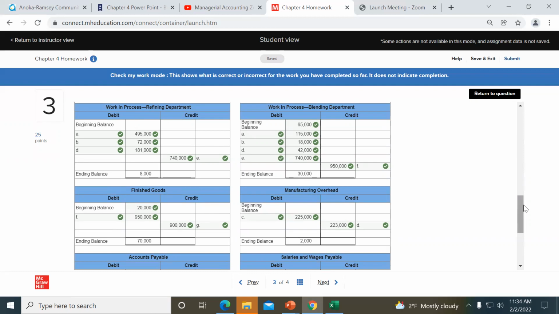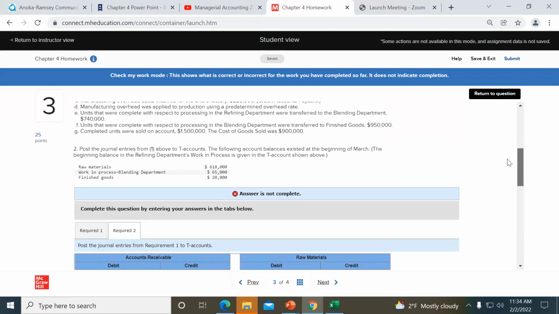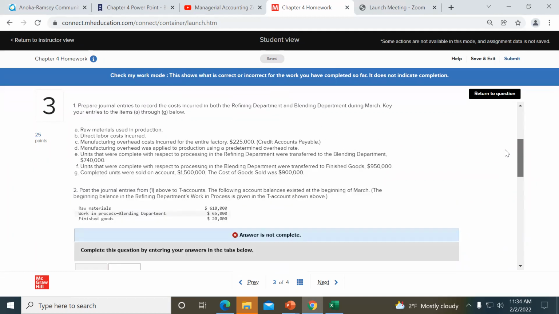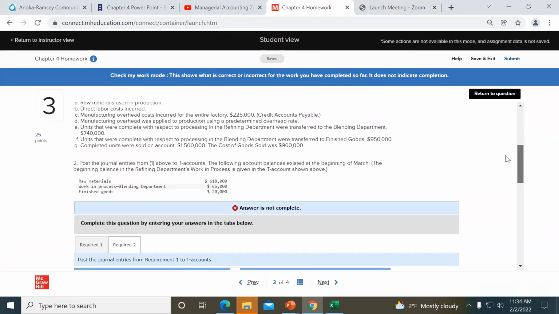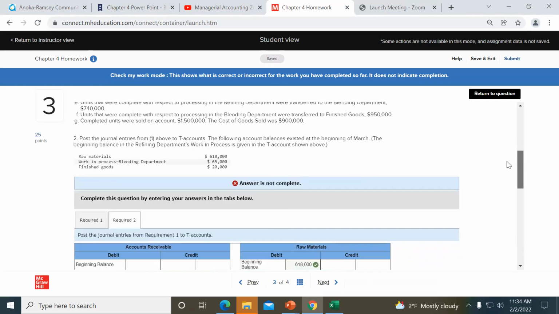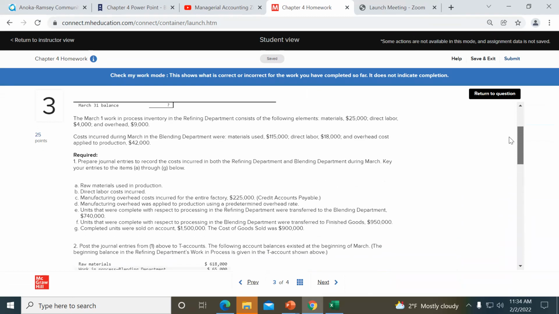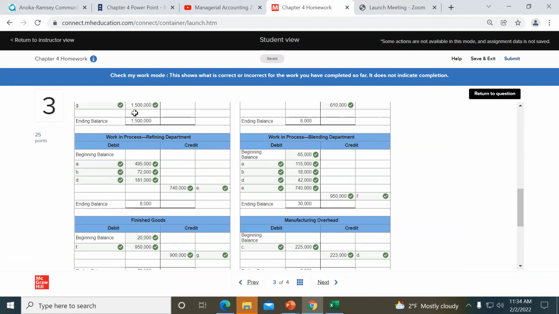I was supposed to have a beginning balance in that refining department. No? The blending department. Oh, 38,000 was my beginning balance here. See right there, 38,000. That's what I did wrong.